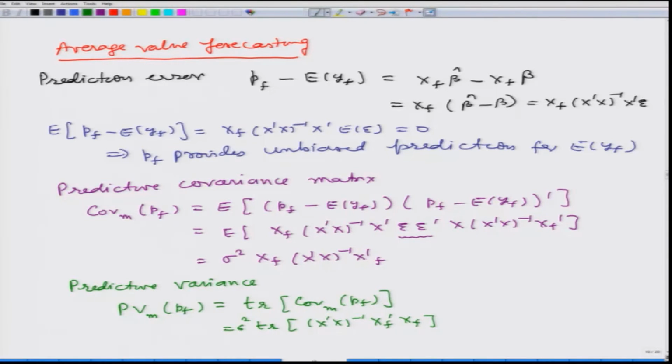Now, we observe that both these expressions, the covariance matrix of Pf as well as the predictive variance of Pf, depend on the unknown value of sigma square. So, we would like to estimate them on the basis of the given sample of data, and obtain the estimates of the covariance matrix of Pf and the predictive variance of Pf.